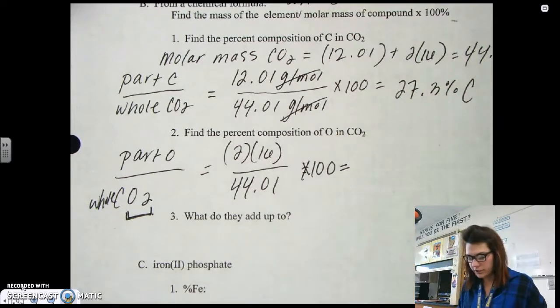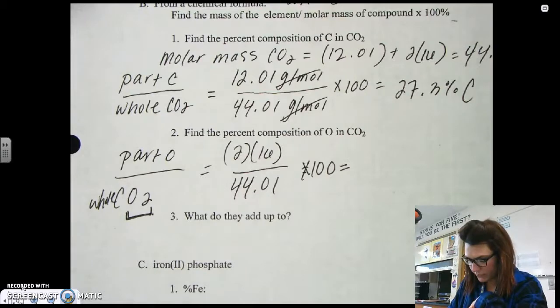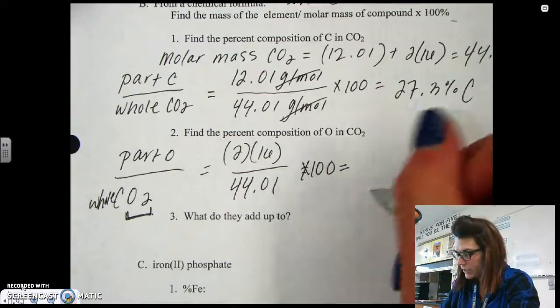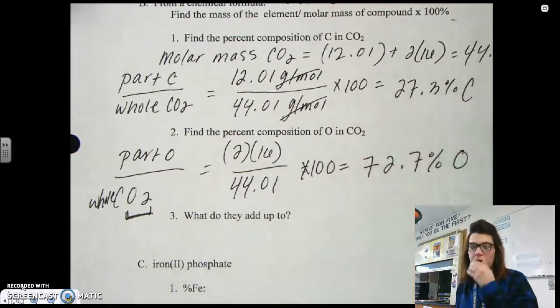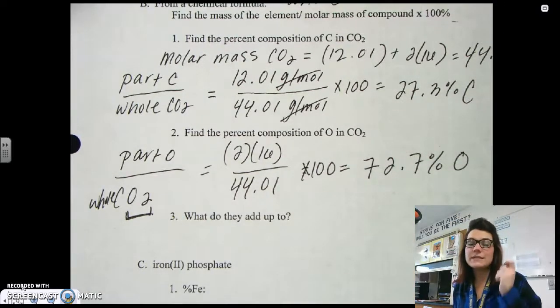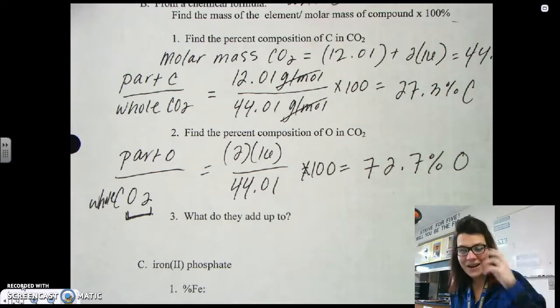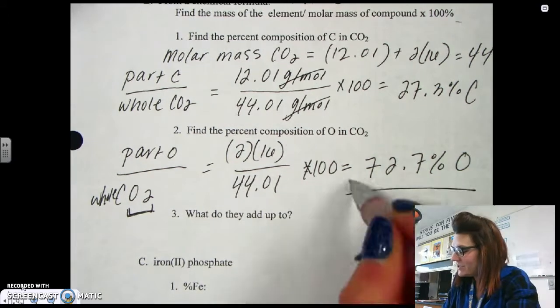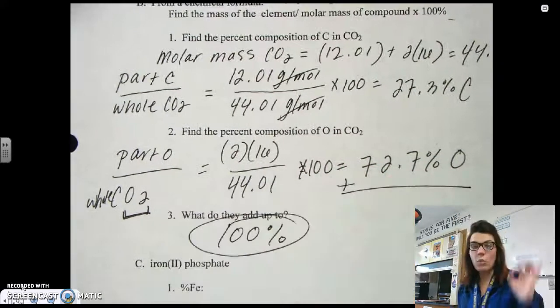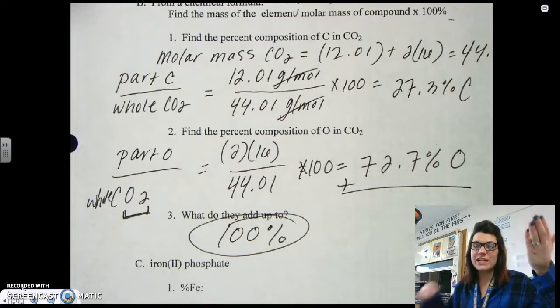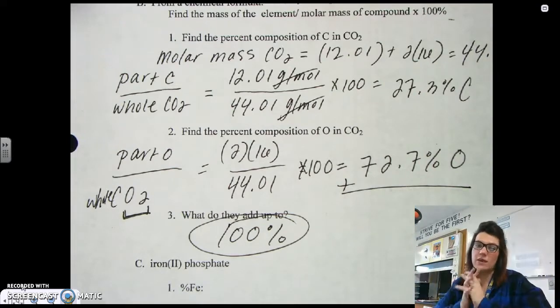So I'm going to do 32 divided by 44.01 times 100, and I should get 72.7% oxygen. So oxygen makes up 72.7% of CO2. So what do they add up to? Well, these two percentages together should equal 100%. Why? Because I only have carbon and I only have oxygen inside of carbon dioxide.